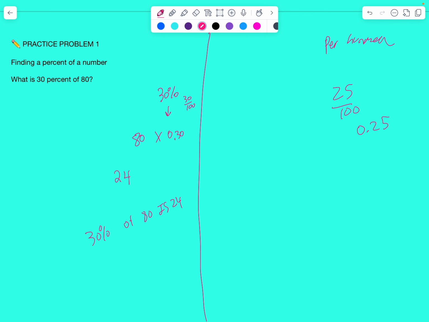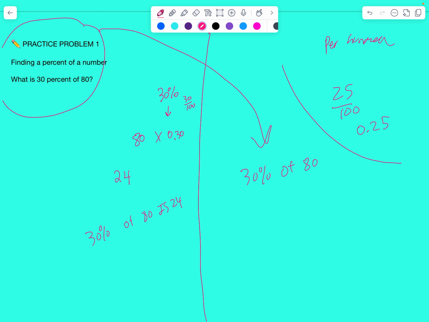The way I also see it is this trick can get you through a lot of them, but not all of them, so just bear with me here. So they said, what is 30% of 80, okay? We know that 10% of 80 is 8. 10% of, I don't know, 90, you guys, what would that be?